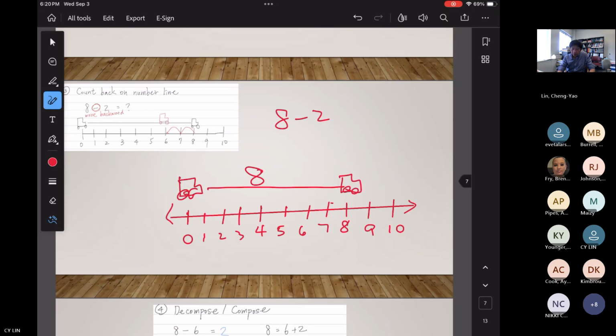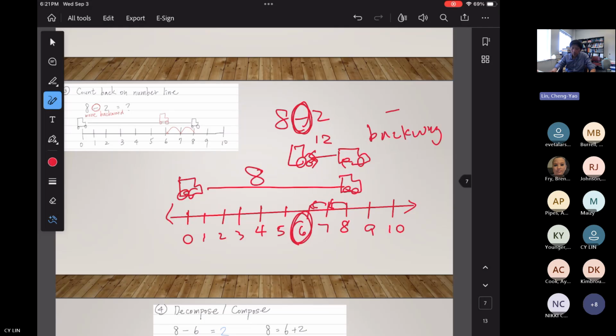Starting from 8. Then we want to go backward, minus is backward. So we want to go backward for how many units? We want to go backward for 2 units. So backward for 2 units, that's 1, that's 2. So the car is right here, 6. So here is a backward. Subtraction means a backward.